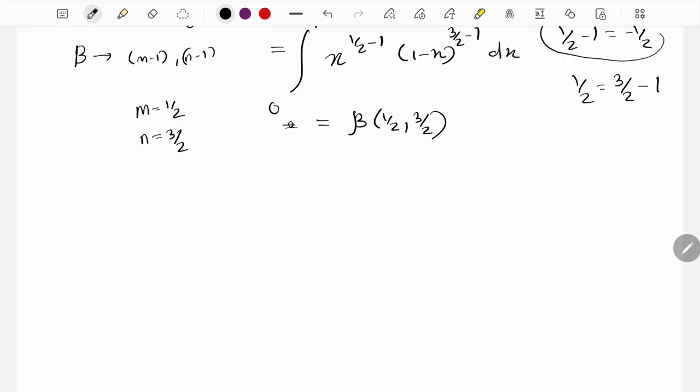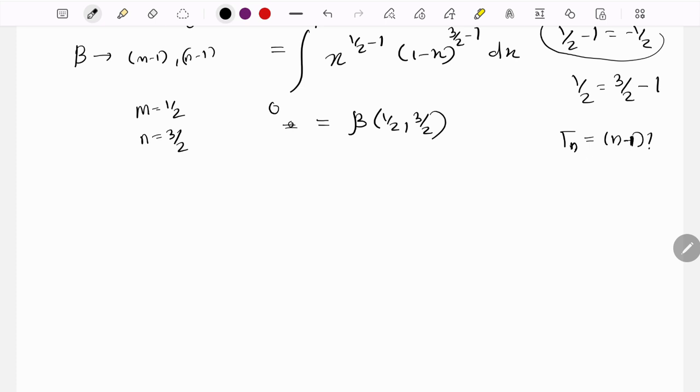And we will study the gamma function in detail. In the next video we will take the gamma function. So actually gamma of n we can write as n minus 1 factorial. If this is n, then in terms of factorial, it is reduced by 1, n minus 1 factorial.